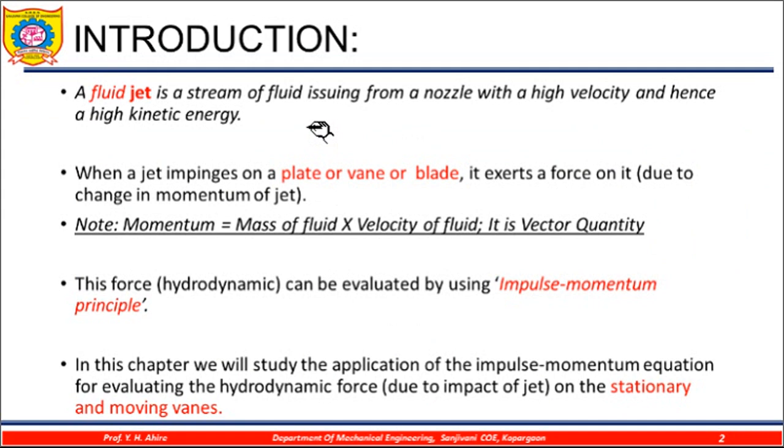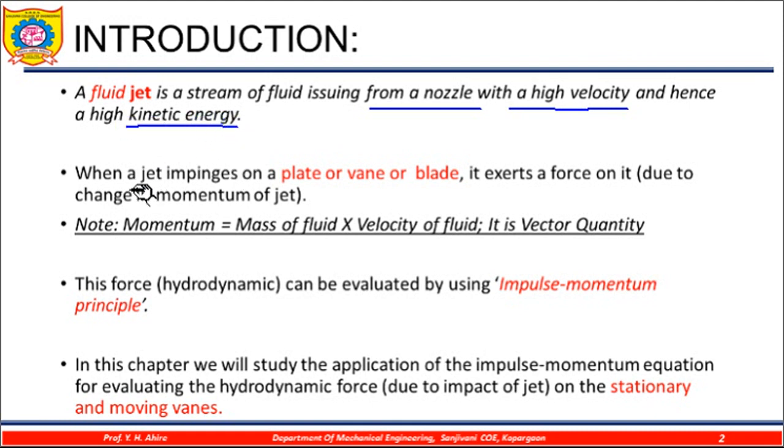A fluid jet is a stream of fluid issuing from a nozzle which has a very high velocity and hence high kinetic energy. You know very well, a nozzle converts pressure energy of the fluid into kinetic energy.